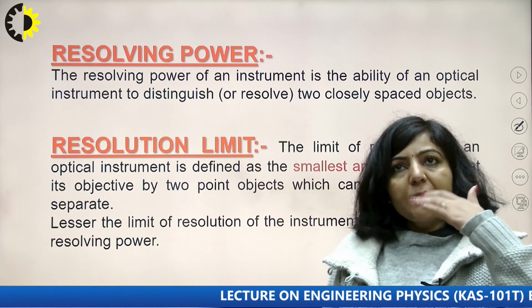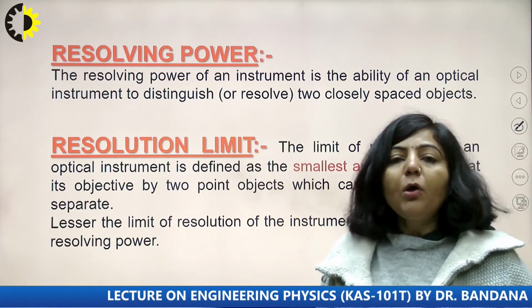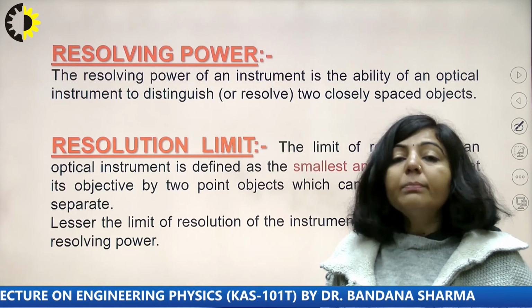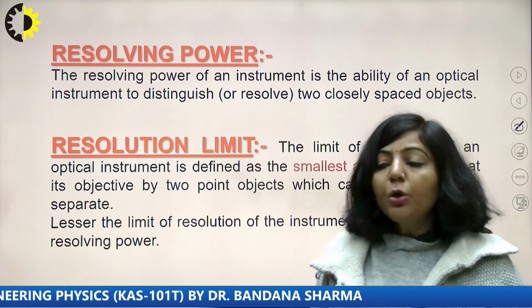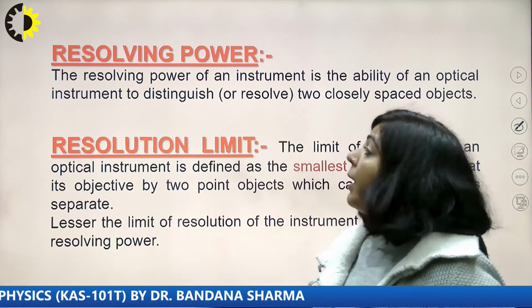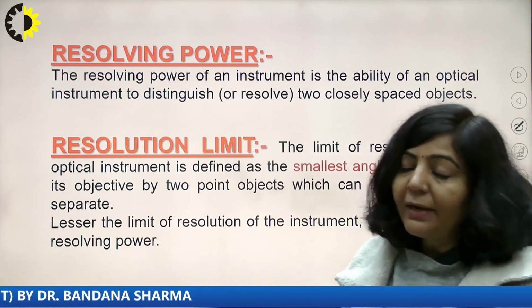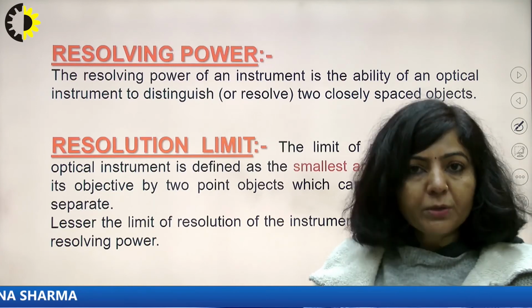So to see those stars clearly, we always require an optical instrument known as a telescope. The ability of that telescope, of an optical instrument, to resolve between two closely spaced objects is known as the resolving power of an instrument. I hope this is clear.